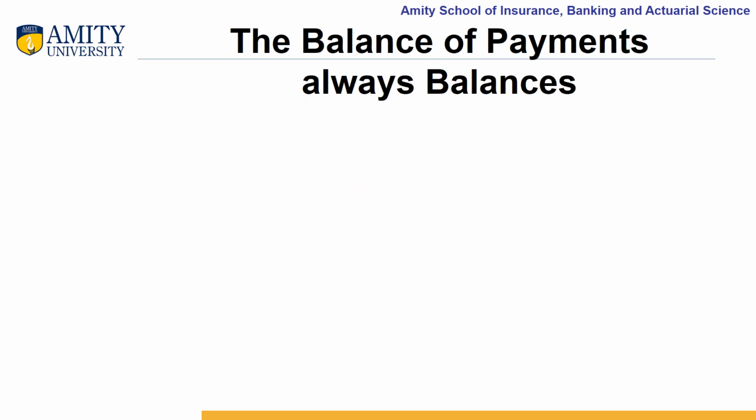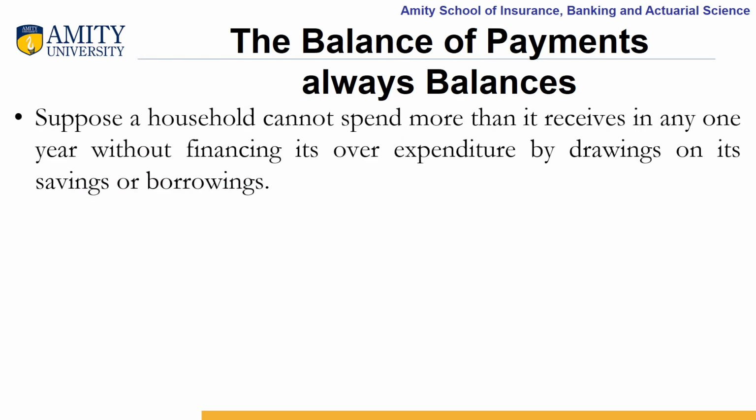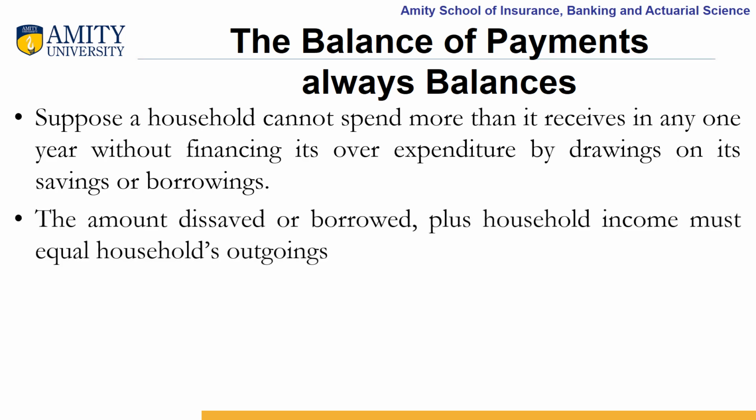The balance of payments always balances. Let us try to understand it with the help of an example. Suppose a household cannot spend more than it receives in any one year without financing its over expenditure by drawings on its savings or borrowings. The amount saved or borrowed plus household income must equal household's outgoings.